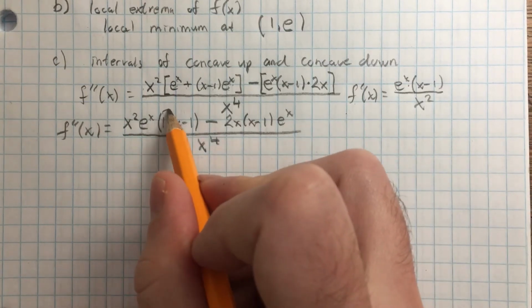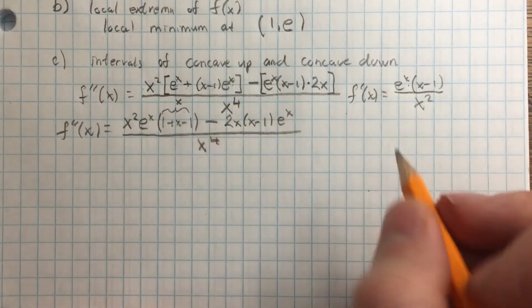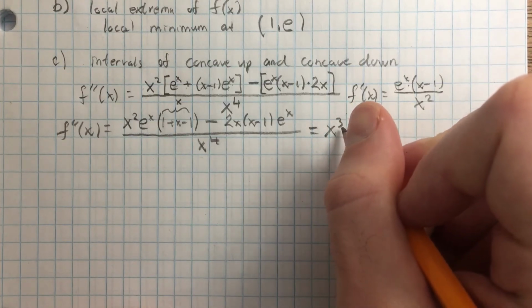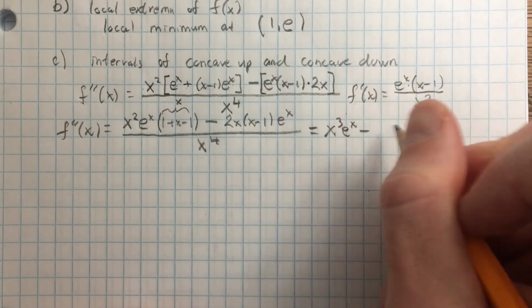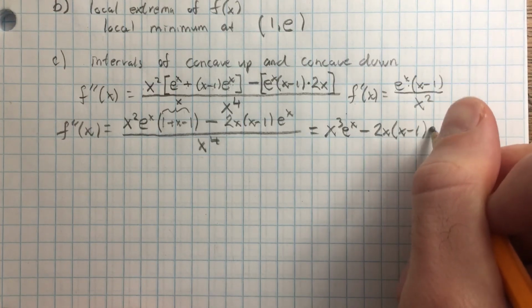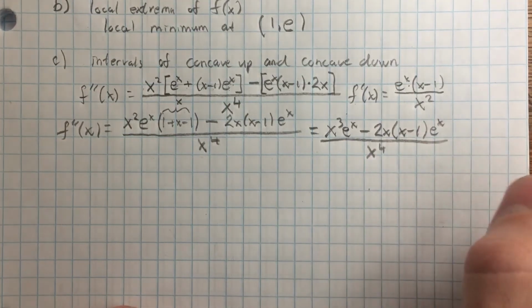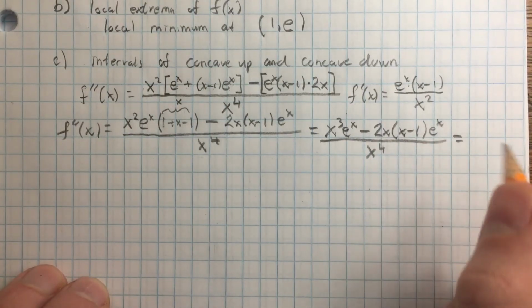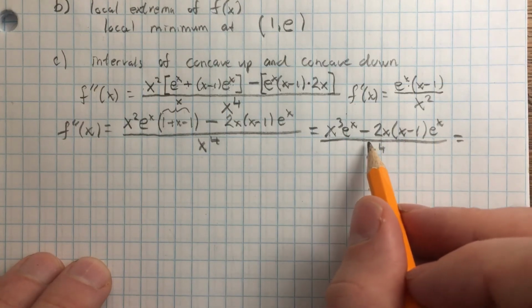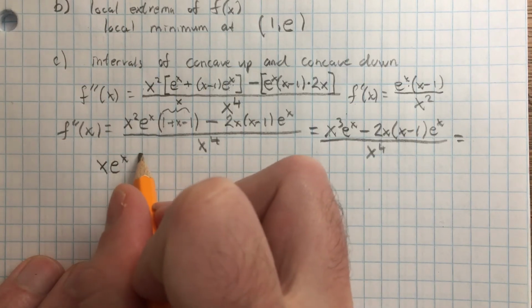Okay, so this is really just x sitting here. So let's go ahead and write this as x cubed. Have x cubed e to the x minus 2x, x minus 1, e to the x on x to the fourth. Okay, we can factor a little bit further, and we'll take an x out and e to the x out of the numerator. So we'll have x e to the x.